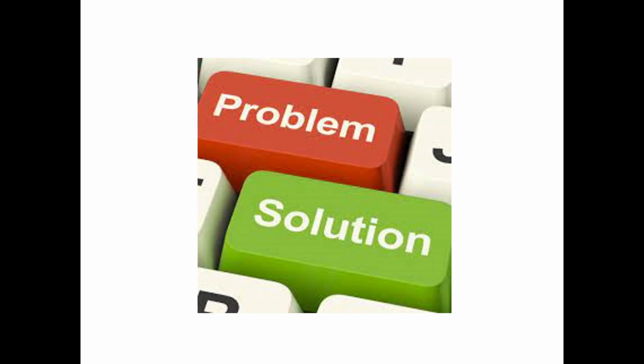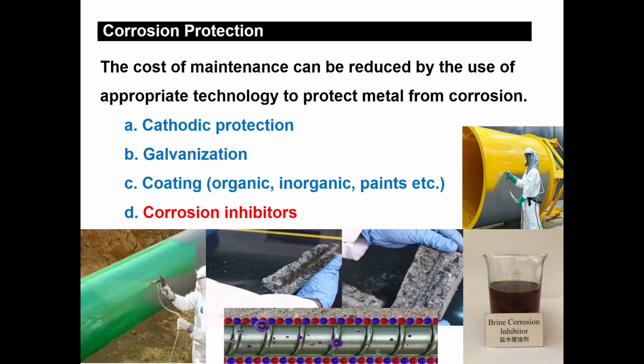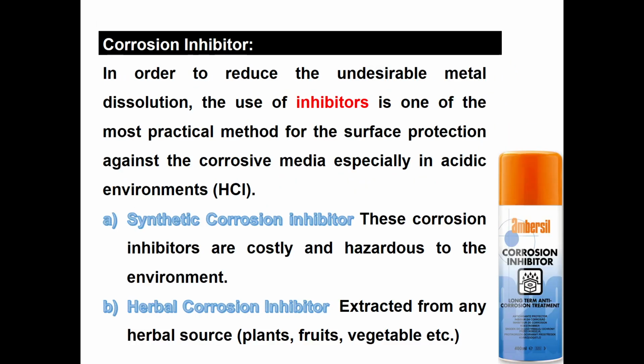If there is any problem, there should be a solution. We can manage, and there are many methods, for example cathodic protection, galvanization, and coating with many types of advanced materials, different techniques, and automation. Also there is the use of corrosion inhibitors, especially in online systems like boilers and heat exchanger systems.